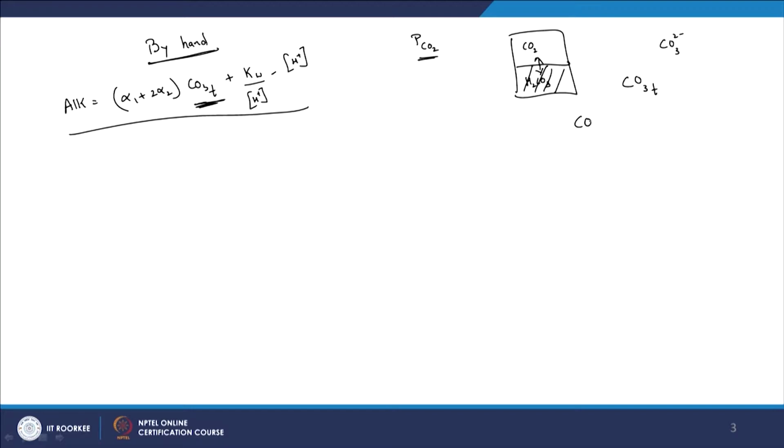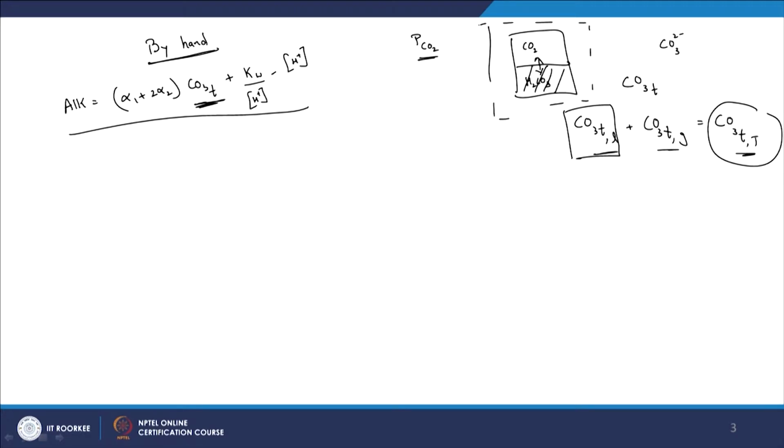The CO3 total in the liquid phase plus the CO3 total in the gaseous phase is equal to the CO3 total of the entire system. I should have expressed that in a better manner, but in this case the total CO3 of the entire system is going to stay the same, because there might be an exchange of CO2 between the gaseous and the liquid phase.